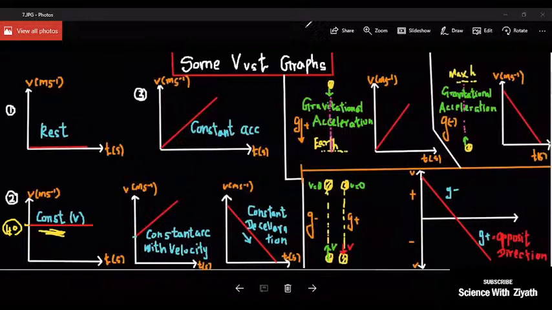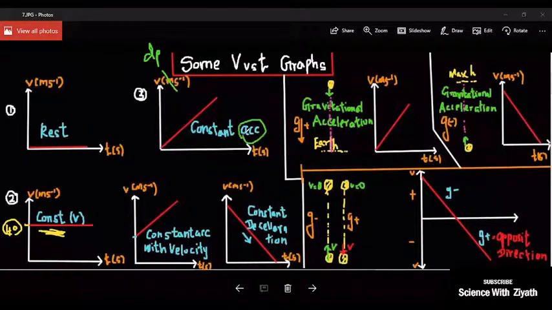For example, I am changing this into displacement and time. What would this graph be? Can someone say? I am changing this velocity into displacement. Now what would this one be?